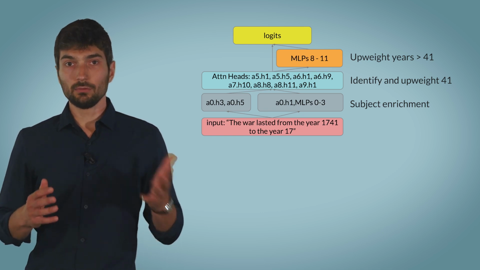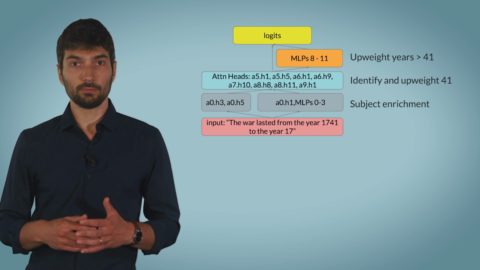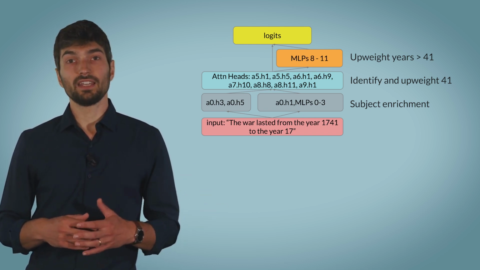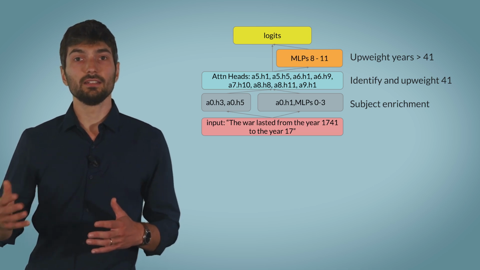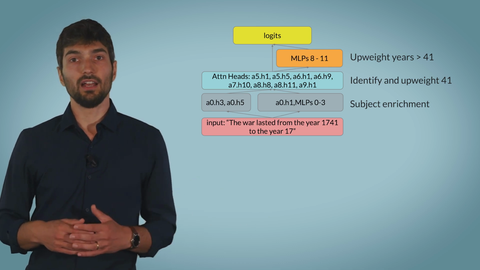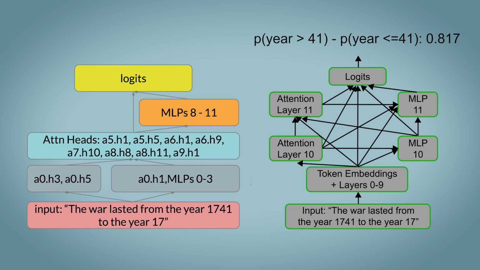Now we understand what circuits are, but how can we prove that they really explain model behavior? In this case, the behavior we care about is the model's ability to upweight years that come after 41, as opposed to those that don't. So, we'll quantify our model's behavior via the probability that it assigns to valid years minus the probability assigned to invalid ones.